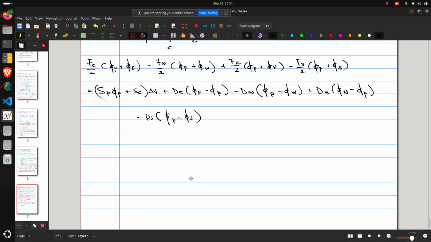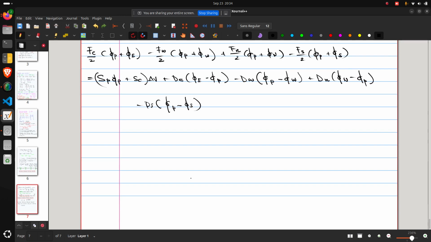So now let's club all the similar phi terms together and write it down again. So we'll take phi P. So phi P we will take in the left hand side.